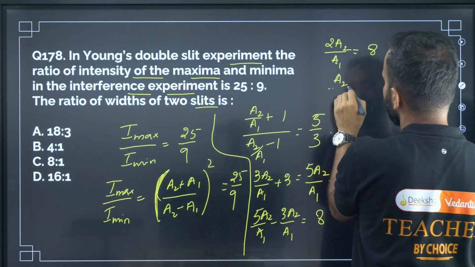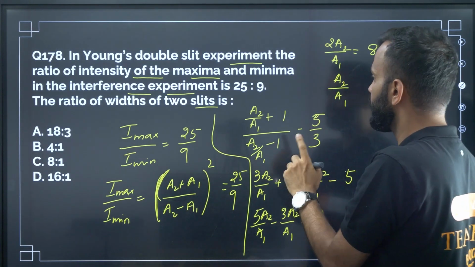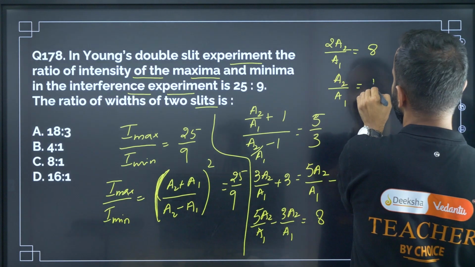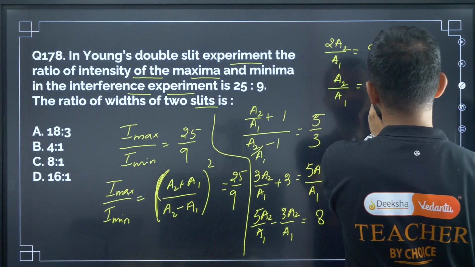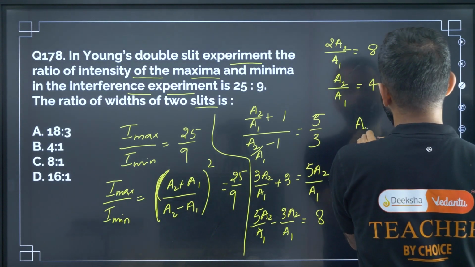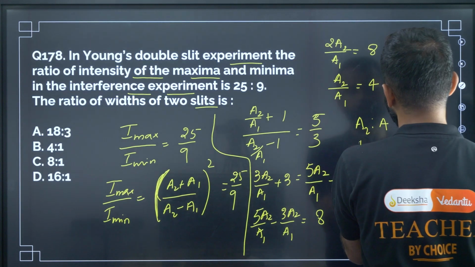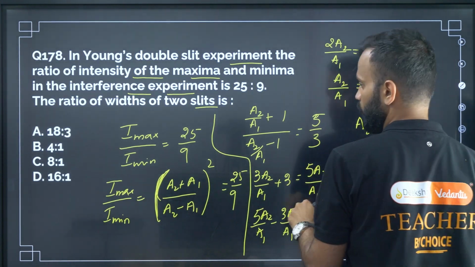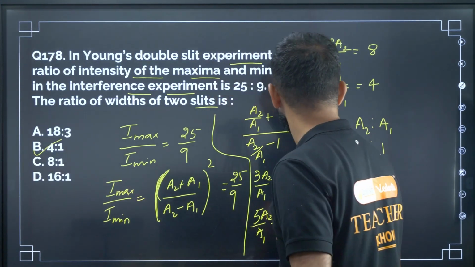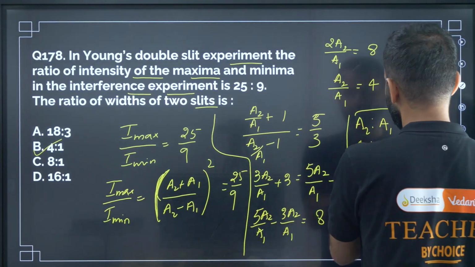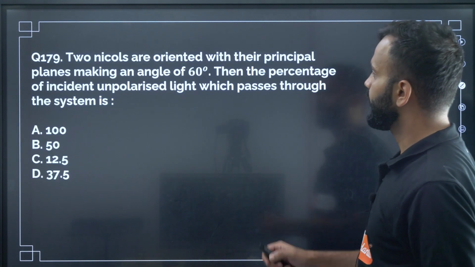Now A2 divided by A1, that is the ratio of the widths of the two slits, is equal to 4, or 4:1. So the correct option is B. Next question, question number 179.